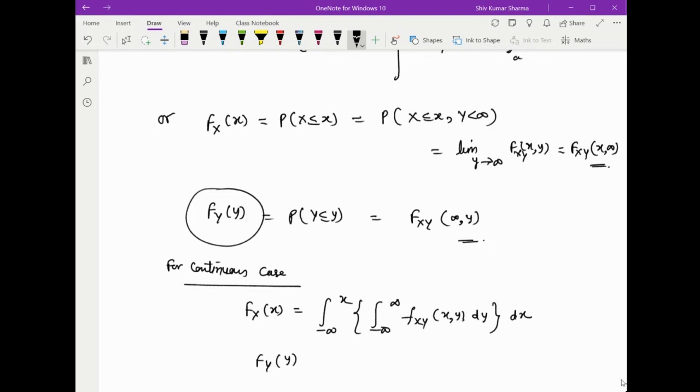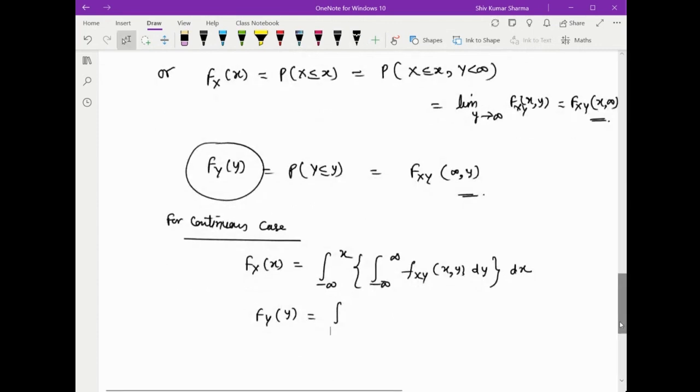And F_Y(y) will be minus infinity to y, just x replaced by y, and minus infinity to infinity of f(x,y). This is the integration for x.